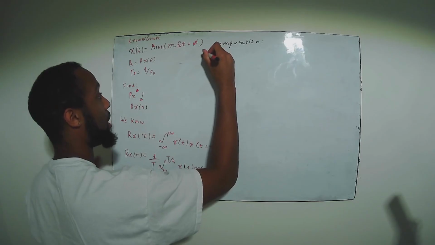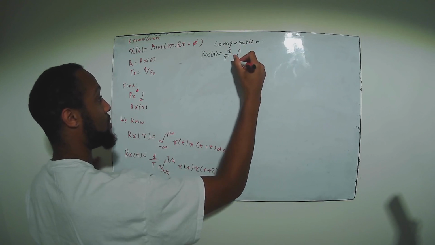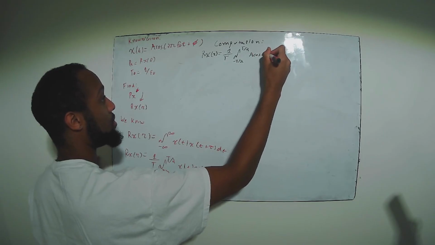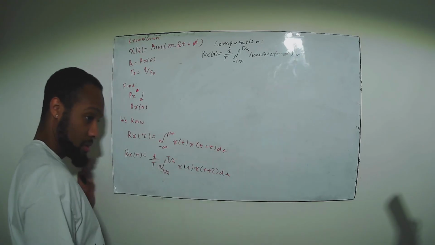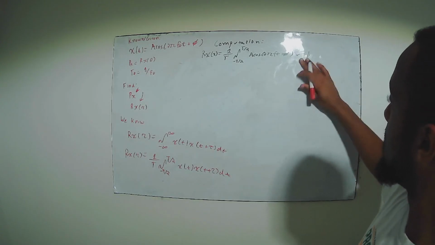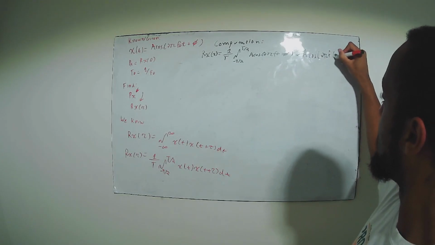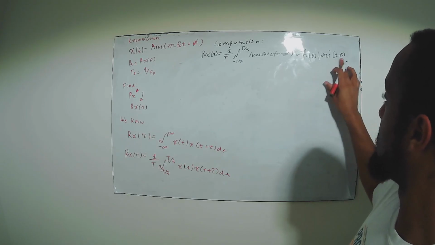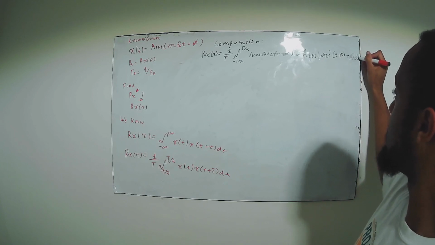Computation: Rx(τ) is equal to 1 over T, integral from minus T over 2 to positive T over 2, of A cos(2π f t + φ) times A cos(2π f (t + τ) + φ) dt. Because we're shifting t, I put t + τ inside parentheses.